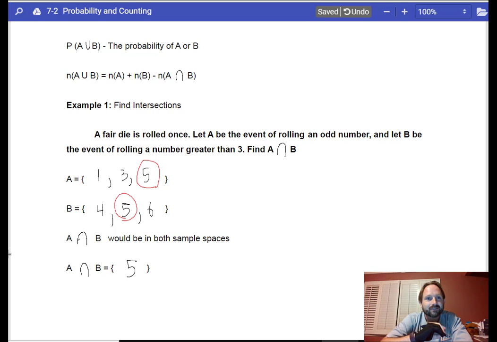That's the intersection, the one event that they share in common. All right, let's go on to example 2. Now, just a heads up, this might be 3 pages long. If it is, just remember on the next one, don't write notes or work for other lessons with this one. All right, let's go on.